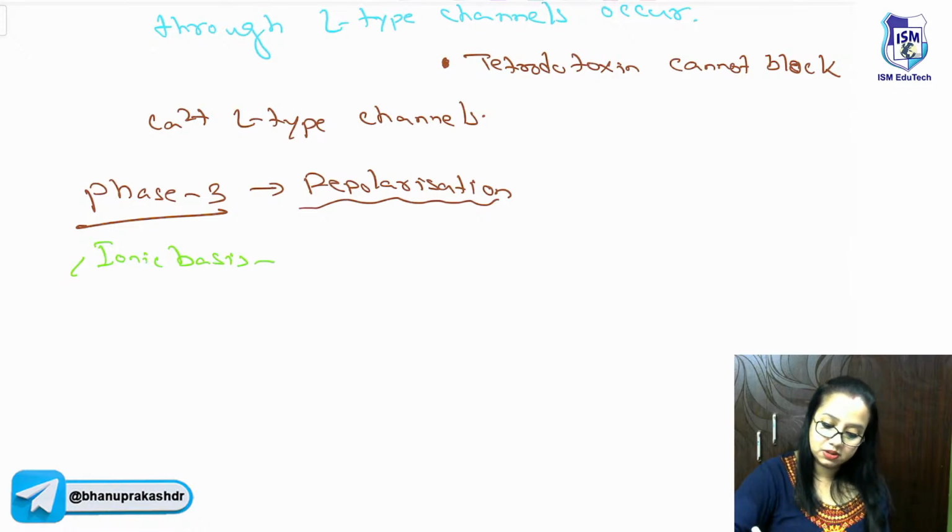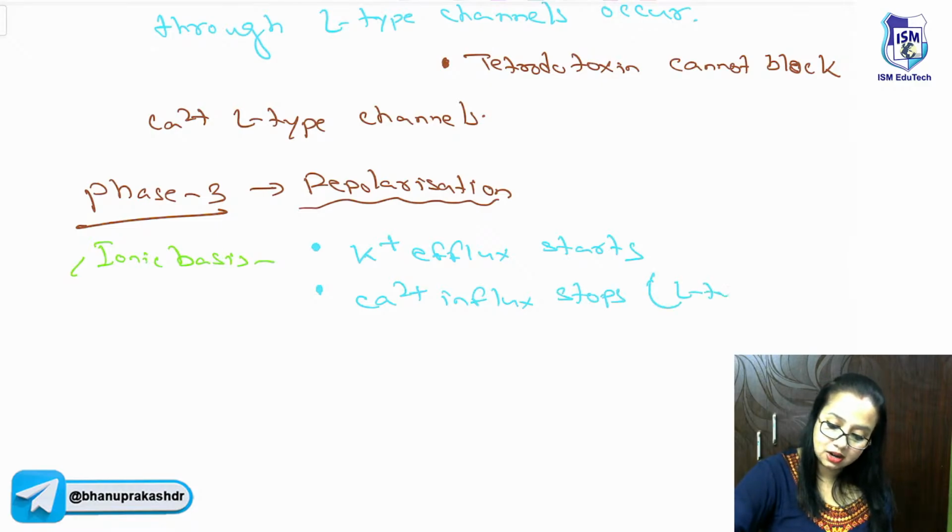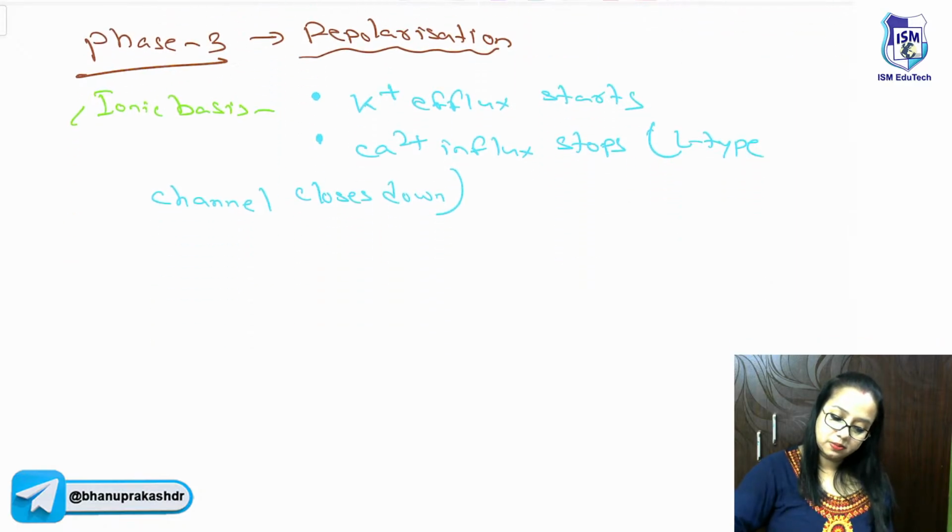Here, the ionic basis is that potassium efflux starts and calcium influx stops. That means the L type channel closes down. Okay, this is the ionic basis of phase 3.